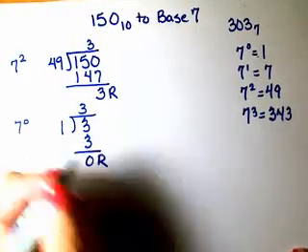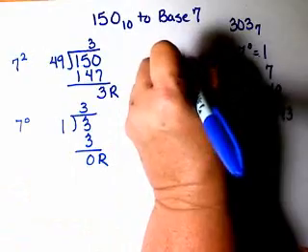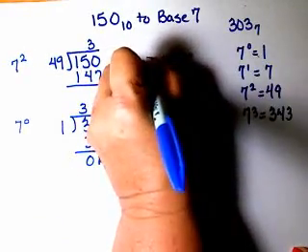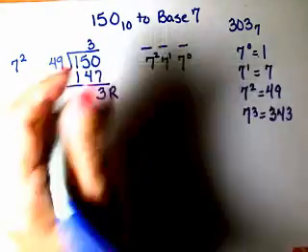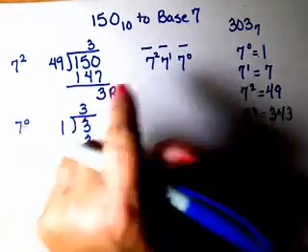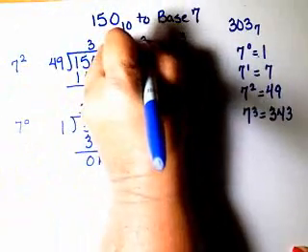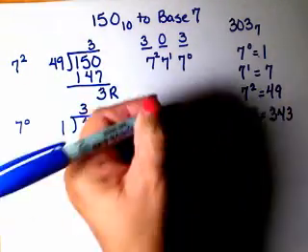Then I have 7 to the 0 power, 7 to the first power, 7 to the second power. 7 to the 0 power is 3. 7 to the second power is 3. And we need a placeholder. Now let's convert that backwards and see what happens.